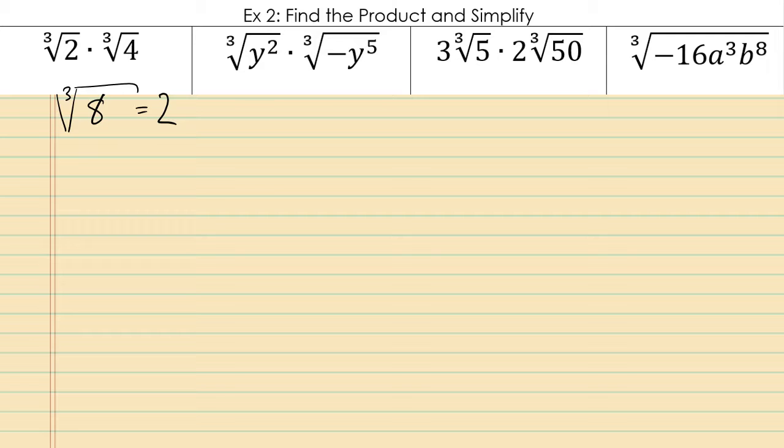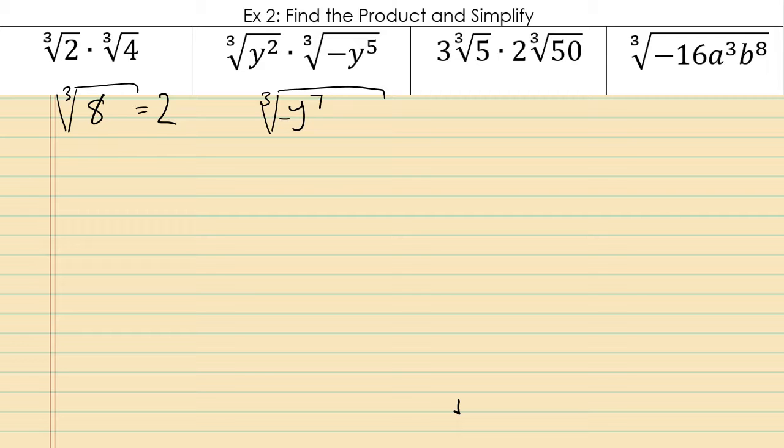For the next one, we have variables to multiply. Here's my cube root of negative y to the 7th power. When multiplying the exponents, I will keep the base the same and add the exponents together. That's how we got y to the 7th power.